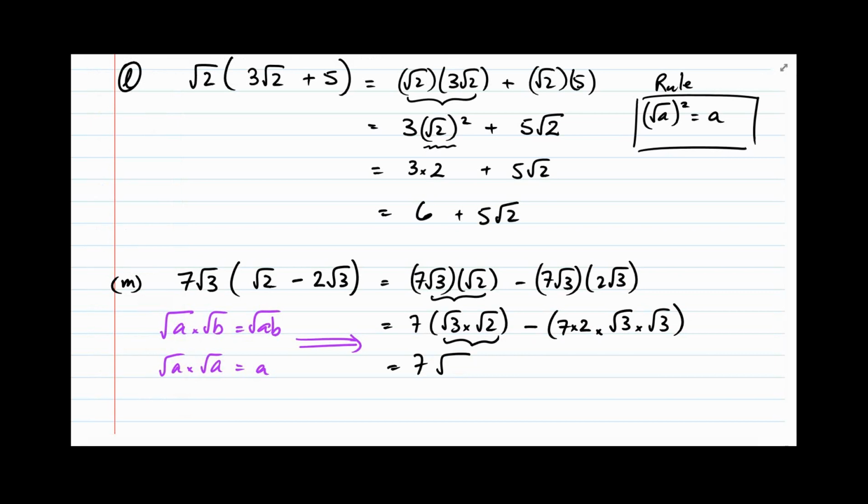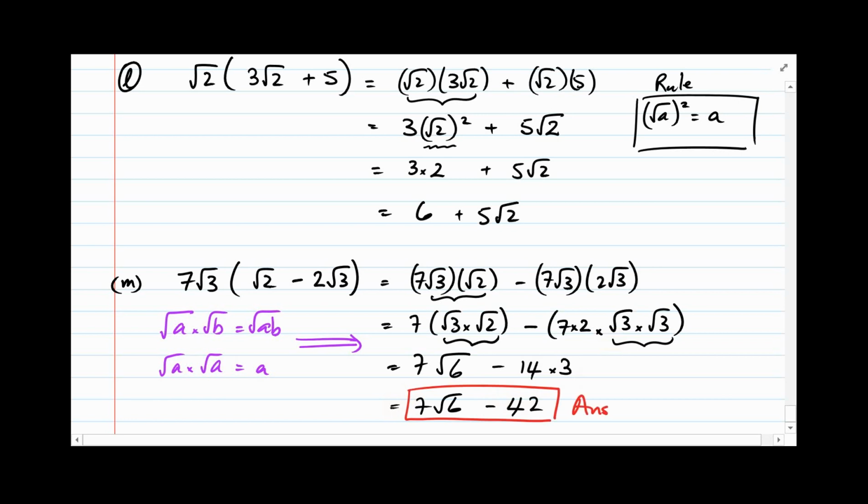So we end up with 7 root 6 minus 14 times 3. 14 times 3 would be 42, so 7 root 6 minus 42, and this would be my final answer. Okay.